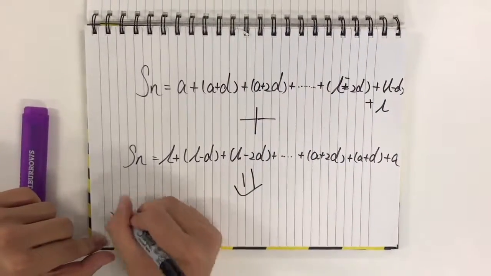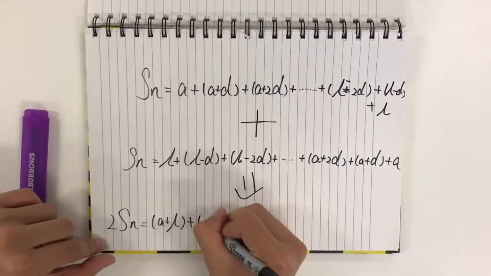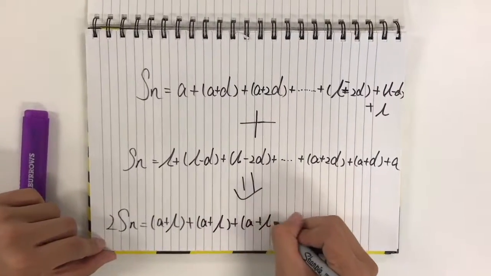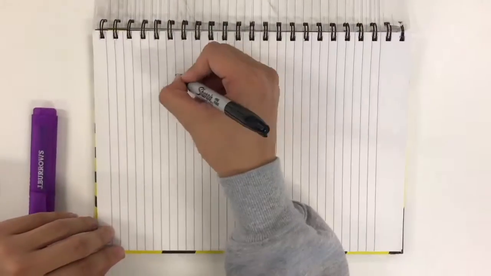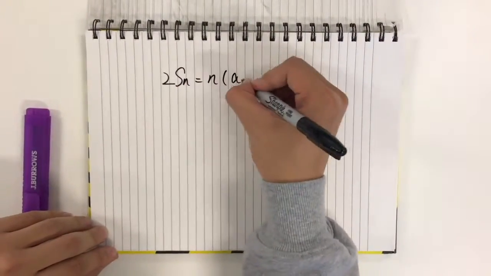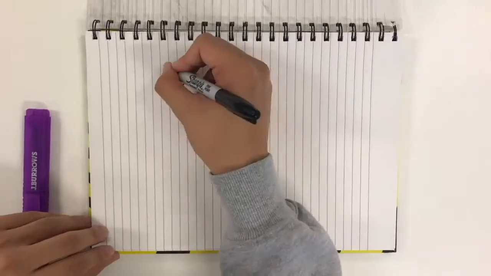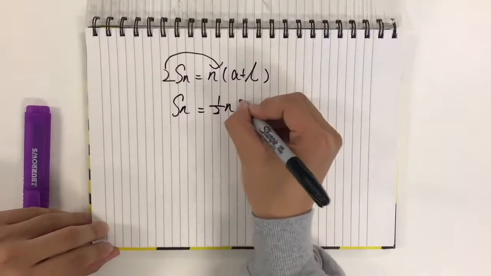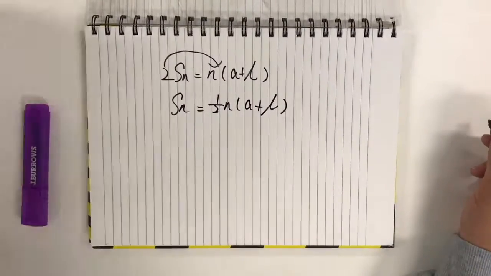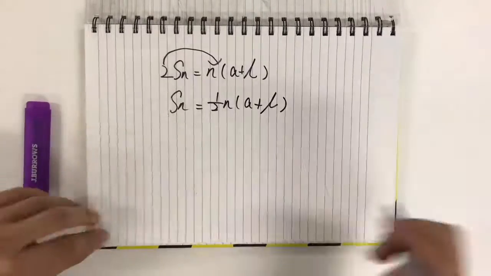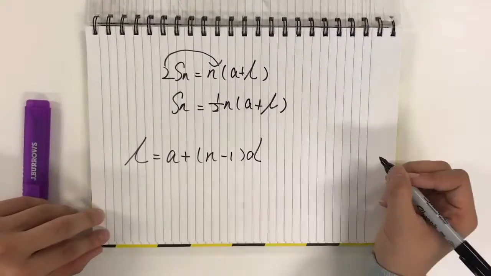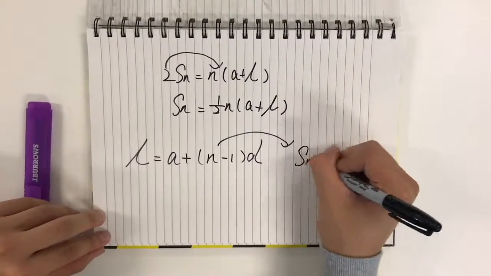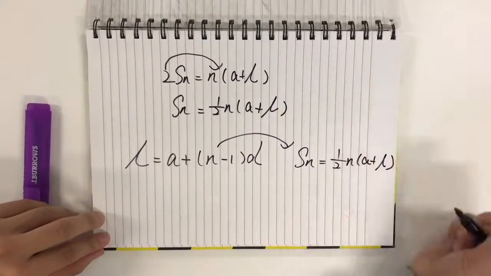We can know that 2Sn equals n pairs of (a plus l) added together, so 2Sn equals n times (a plus l). If we move the 2 to the other side, we get Sn equals 1 over 2 times n times (a plus l). So if we substitute l equals a plus n minus 1 times d into the equation we just got, we can get this.